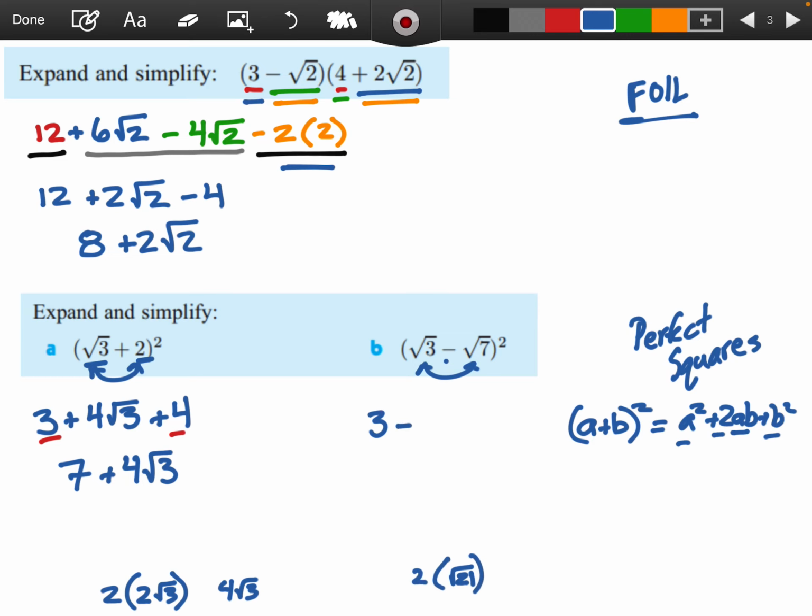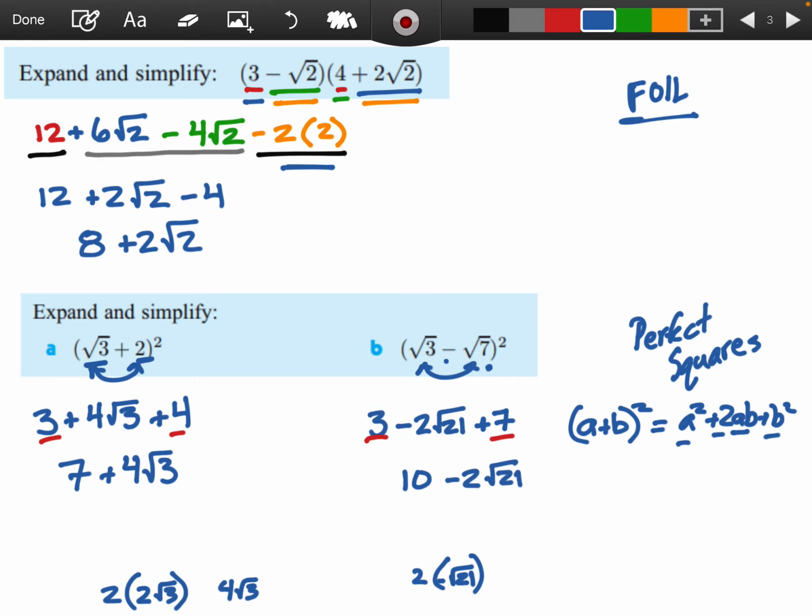So I've got minus 2 root 21, because when I multiply the root 3 by the negative root 7, I've got negative root 21 there. Multiply by 2, negative 2 root 21. And then I'm going to square the last one, which gives me positive 7. And then I'm going to put together the 3 with the 7, giving me 10 minus 2 root 21.